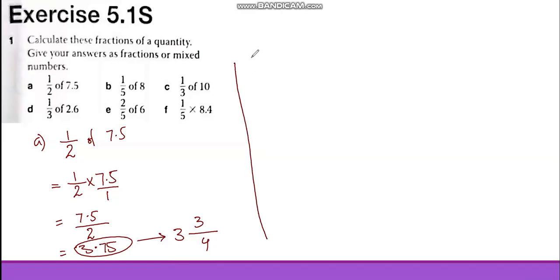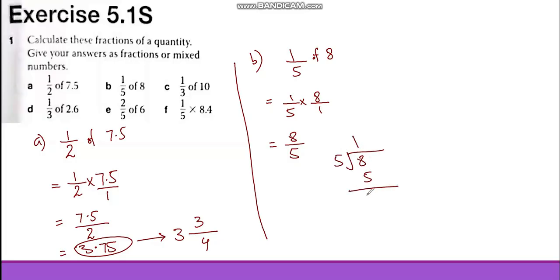Let's do the B part. In B part, they want us to multiply 1/5 with 8, meaning 1/5 of 8. So this is 8, and we can write the denominator 1. So this is 8/5. If we divide 8 by 5, 5 times 1 is 5 and we get remainder 3.